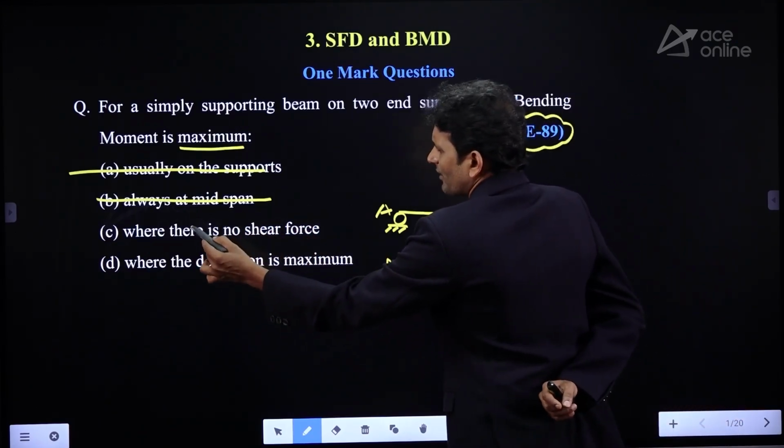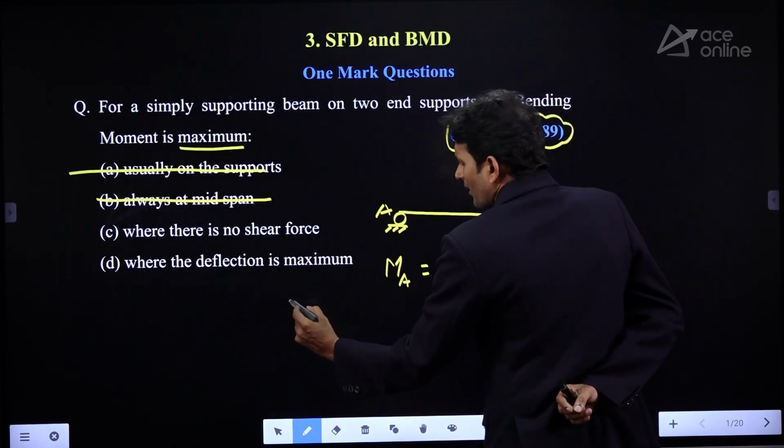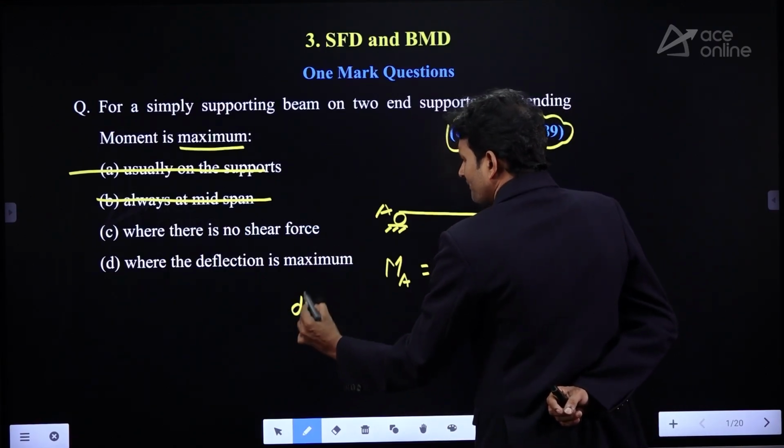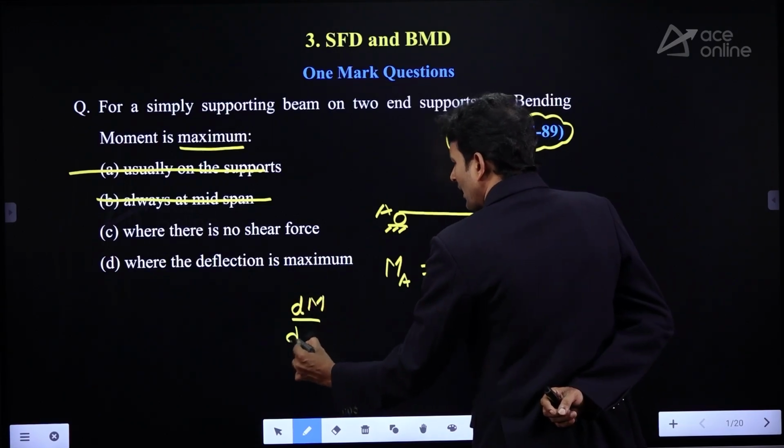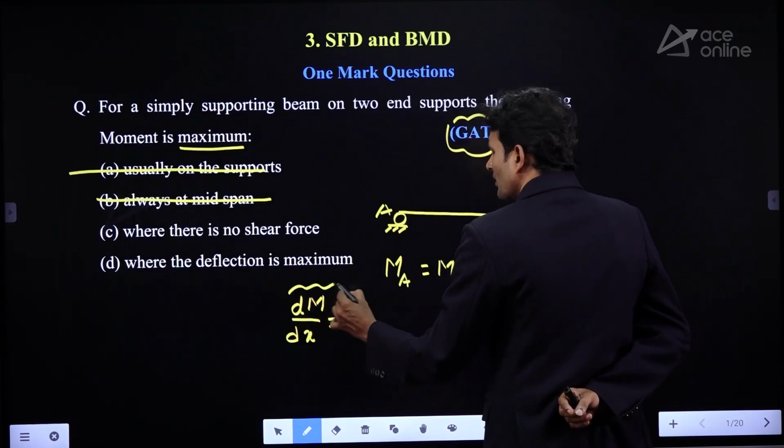Now, when I am taking the third statement, where there is no shear force, we are having the relation between bending moment and shear force, that is dM divided by dx equal to shear force.